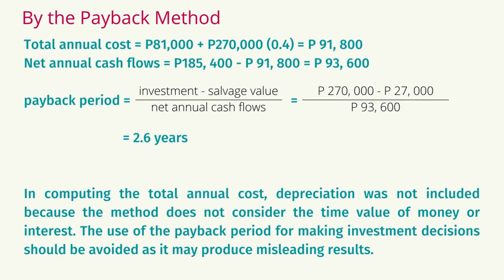The difference between ROR and annual worth is that annual worth includes the interest on capital in the cost. The present worth and future worth methods do not include depreciation as costs. Just get the present worth or future worth of the inflow and outflow, then subtract the two, inflow minus outflow. If it's negative or less than zero, then the investment is not justified. Then the last is the payback method.